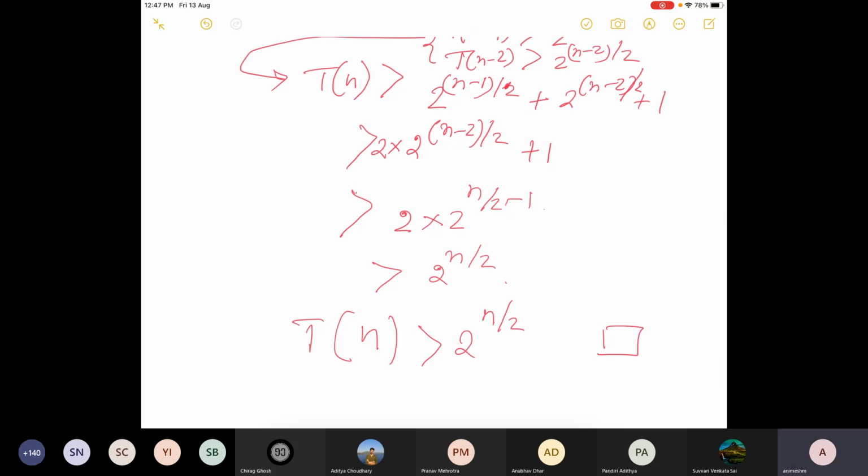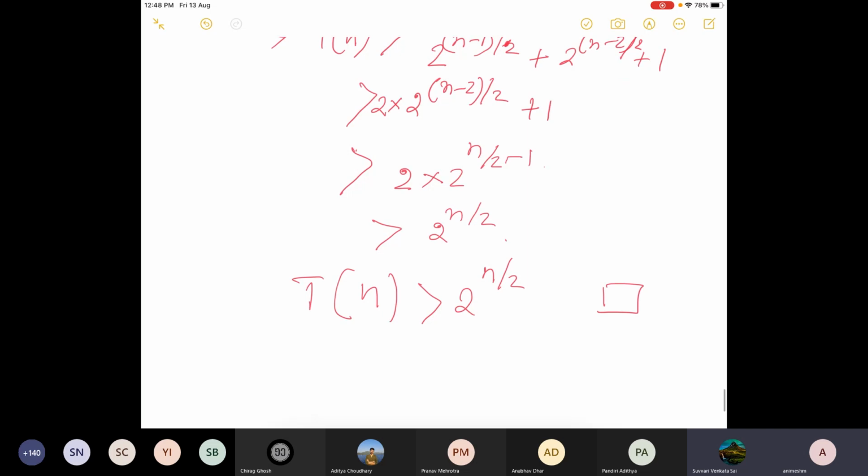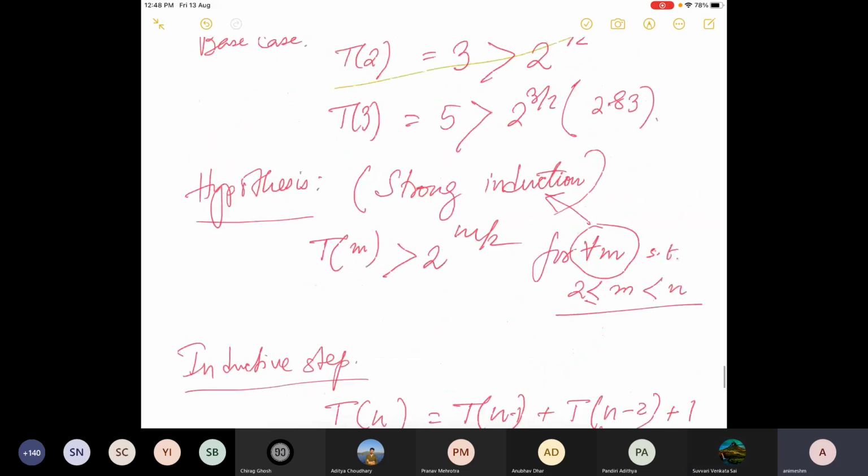Okay with everyone? Any confusion, any doubt anywhere? Okay, seems like no. So please explain what strong induction means. Strong induction, please look it up on Wikipedia.